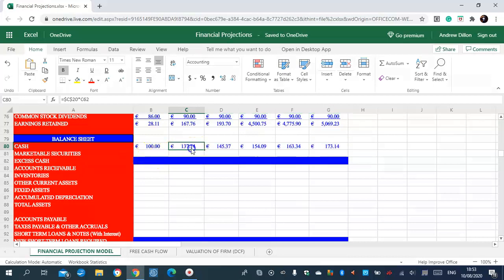Okay, that's cash correctly calculated. Okay, next section is the marketable securities.